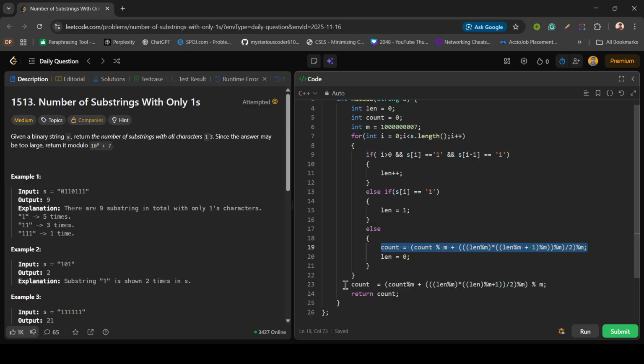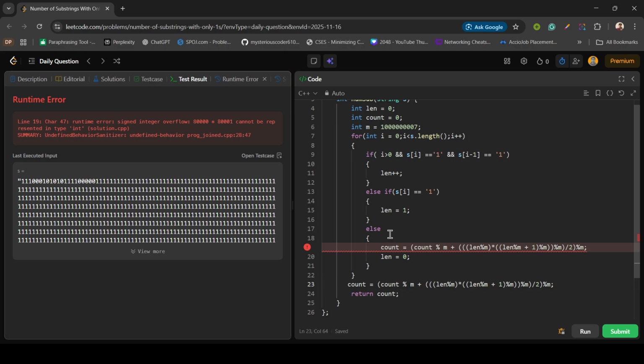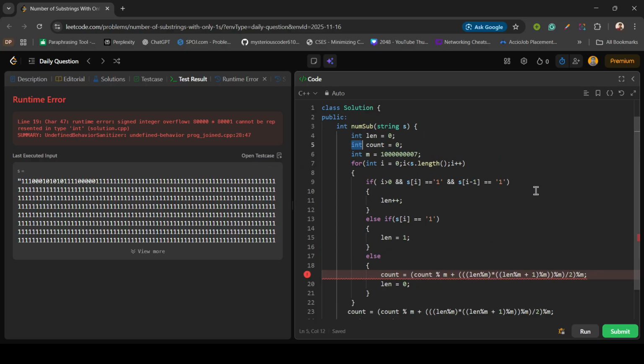Let's see if it's working or not. What is the mistake I'm making here? I don't know. Okay, I think we should take a long. I guess this is the mistake here.